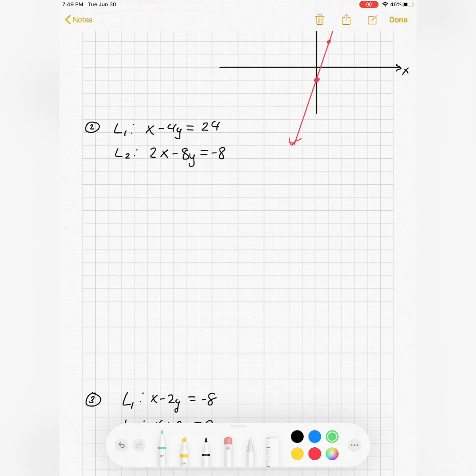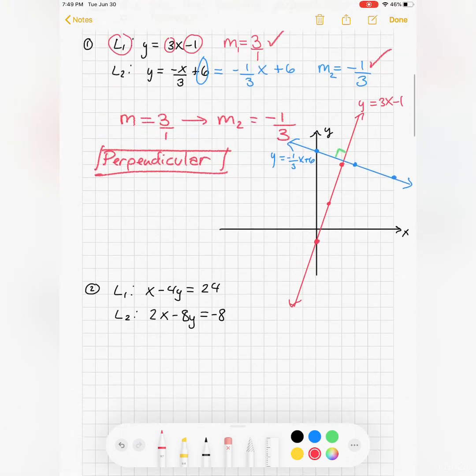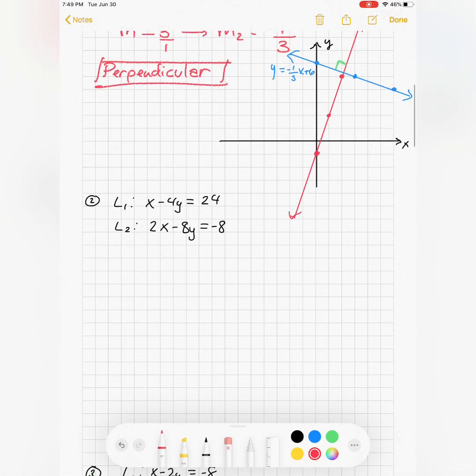So second set. Before I can determine if the lines are parallel or perpendicular, I'm going to have to solve for y, because I need to put these in slope-intercept form. Okay. So I've got x minus 4y equals 24.